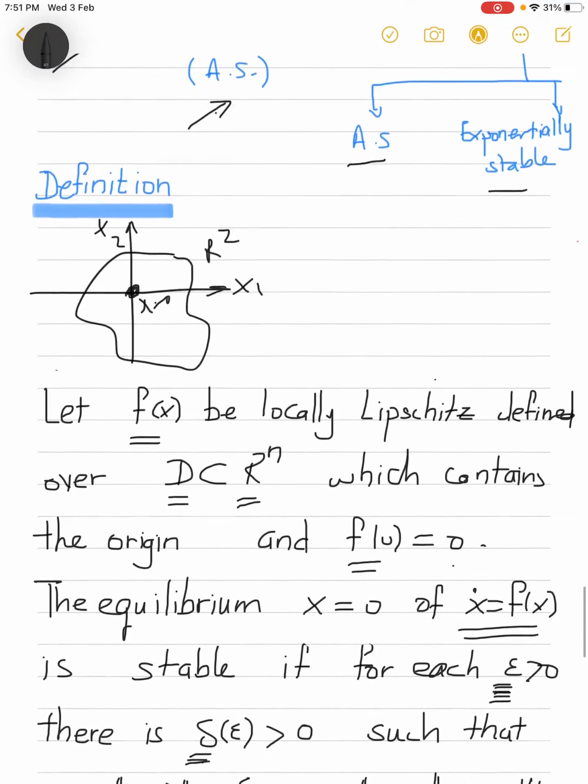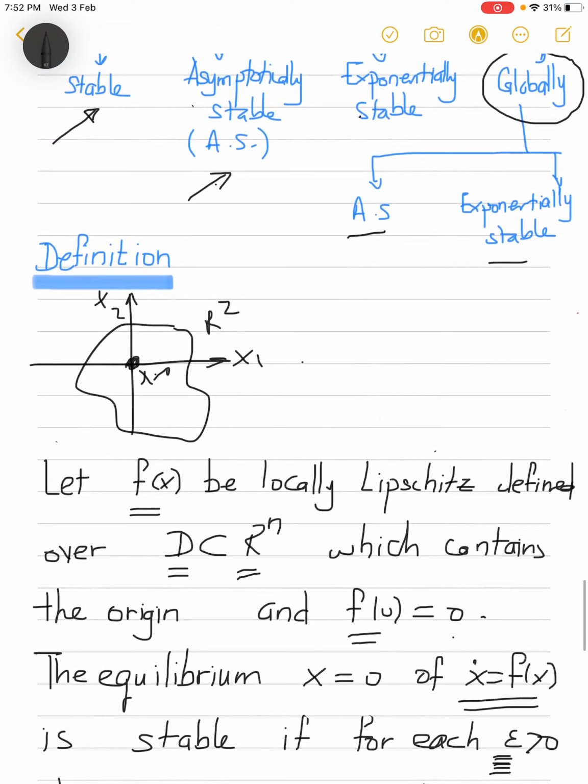Let us draw a figure to illustrate that again in the two-dimensional space. This is x1, this is x2.